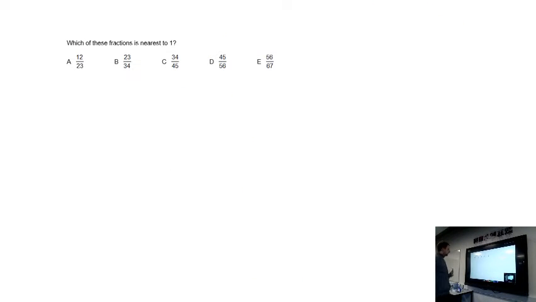Okay, so let's have a look at the fractions. We want to find the fraction which is closest to 1. If we look at the remaining part, we want this to be as small as possible. So the remaining part compared to 1 would be 9 over 23 here. Here the remaining part would be 11 over 34.